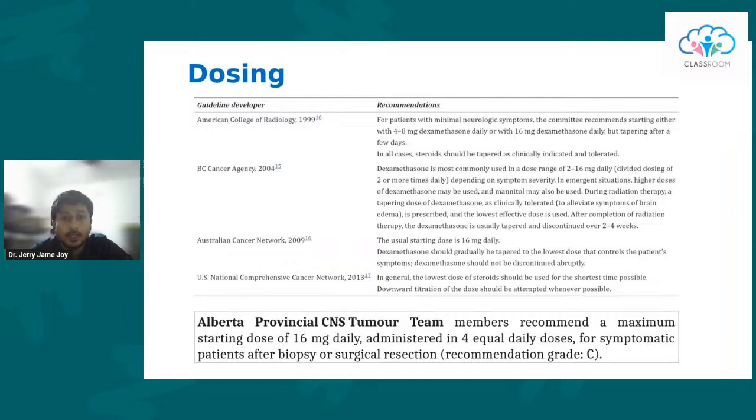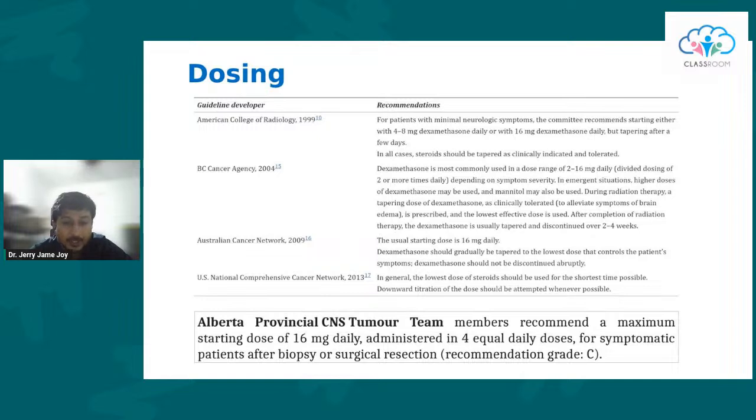According to the American College of Radiology, for patients with minimal neurological symptoms, start with either 4 to 8 milligram dexamethasone daily or with 16 milligram daily, but you have to taper after a few days. In all cases, steroids should be tapered as clinically indicated and tolerated.